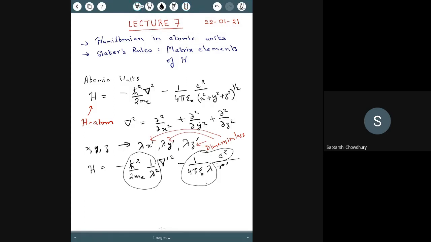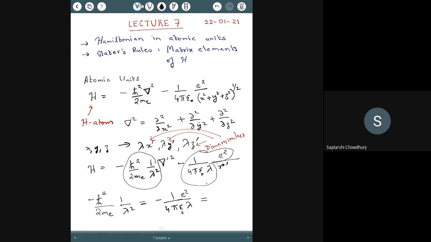So then I say that h cross squared by 2me times 1 by lambda squared is equal to minus 1 by 4 pi epsilon 0 times e squared by lambda, and this has the unit of energy, as you can probably guess, because the other side of the Schrodinger equation is energy times wave function, and this is H acting on the wave function.